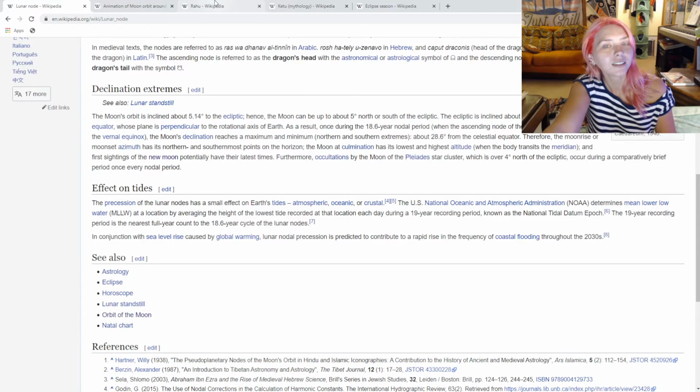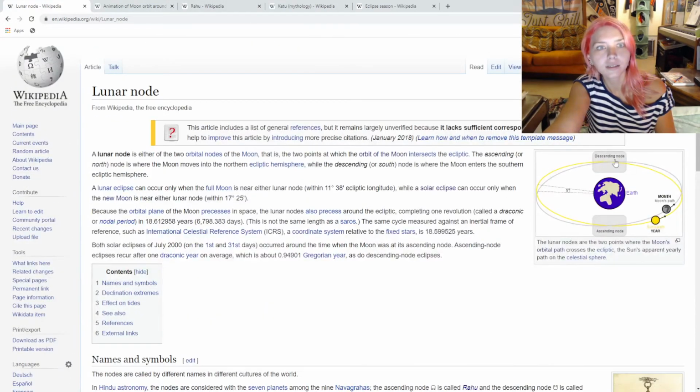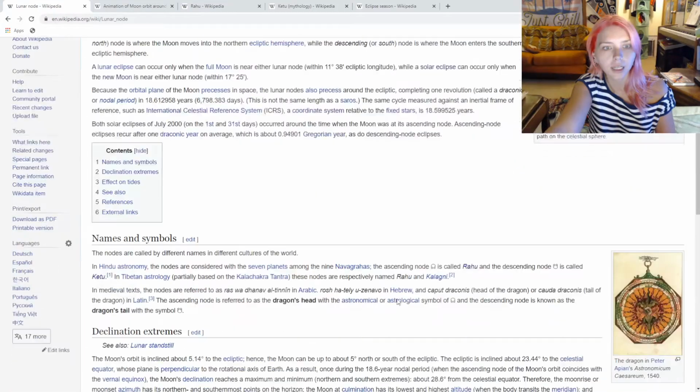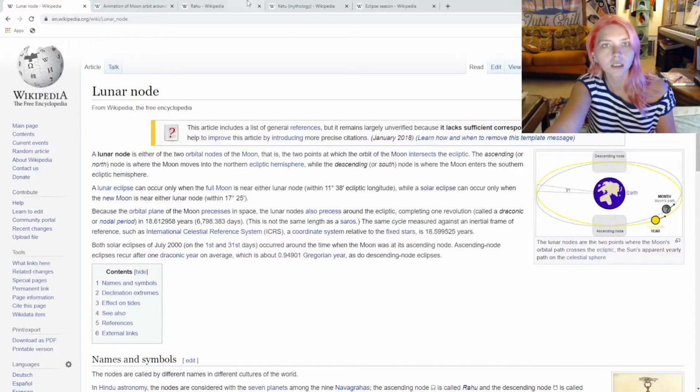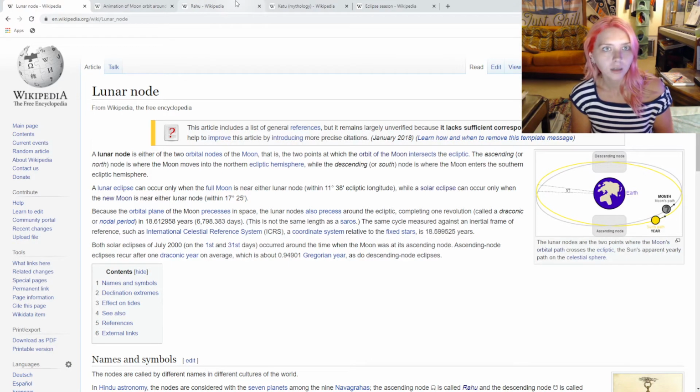These two points called the lunar nodes are shown over here, where the moon's path and the sun's path basically line up. And that is when you have the opportunity for an eclipse. In ancient cultures, when they really didn't understand astronomy in a scientific respect, they had mythology to explain what was going on.